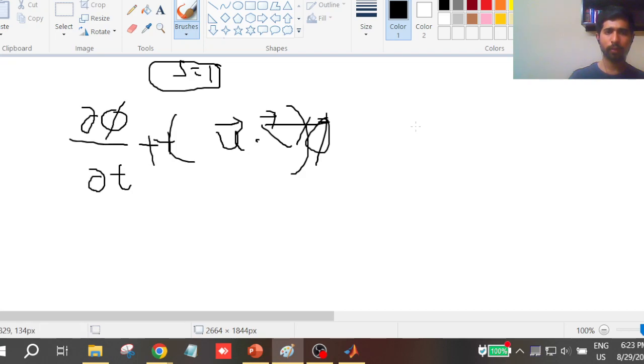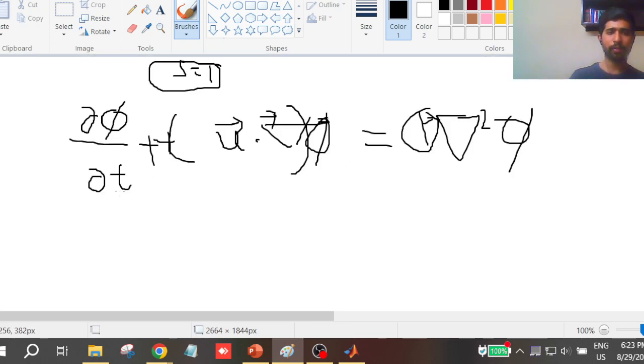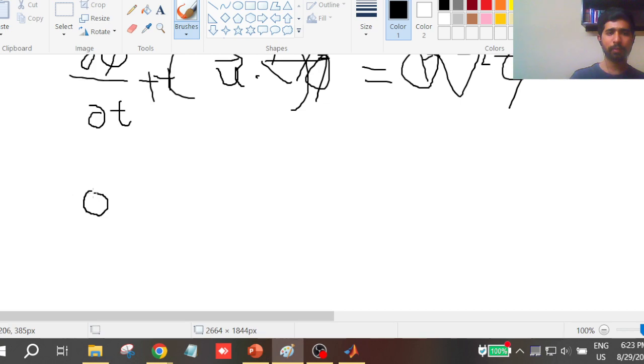This equation is equal to tau into del square phi. If I assume tau as constant, then I can bring it outside also. I'll be trying to solve this. Now you can see that it becomes very easy in a discretized manner, with, say, explicit time stepping.